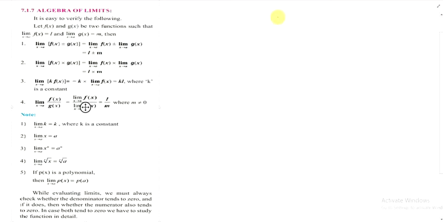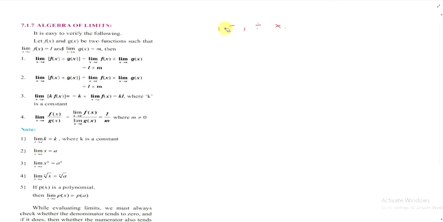Algebra means what? Addition, subtraction, division, multiplication, isn't it? So here can we define the algebra of these functions, that is limit? If there is limit of the function given, then can we define algebra?